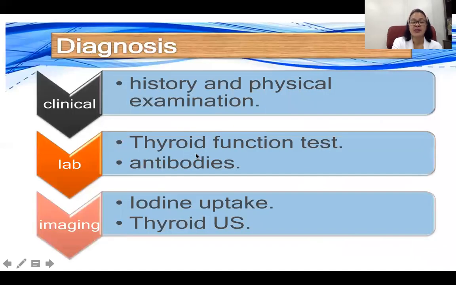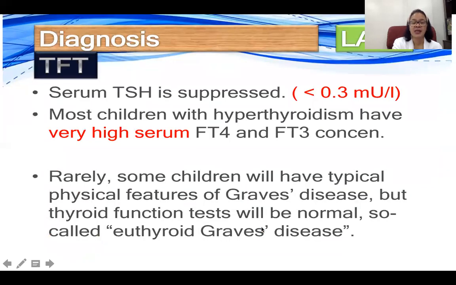So for diagnosis, there are three ways to diagnose: clinically, by doing your history and physical examination, doing your thyroid function test, with very high thyroid hormones and decreased or even absent TSH, and also presence of antibodies. You can also do your iodine uptake and ultrasound of your thyroid.